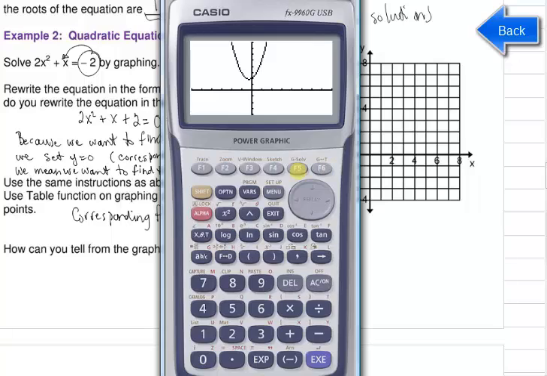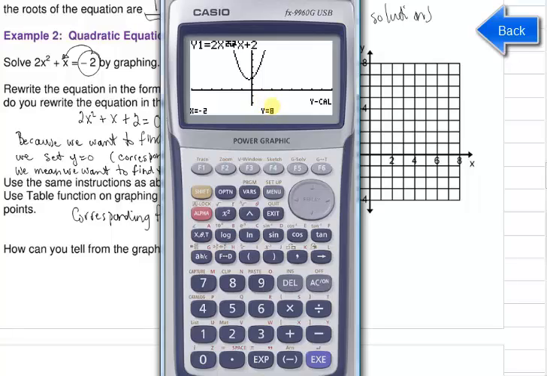All right, so F5, and this time I want to pick something to the left of my vertex. I could go with -1, but I'm going to plug in -2. Oops, sorry, I should first press Y-Calc. Okay, so -2, and execute, and when x is -2, y is 8.